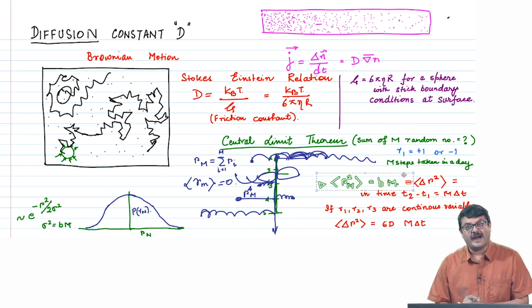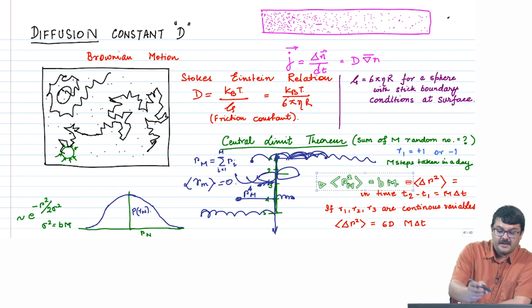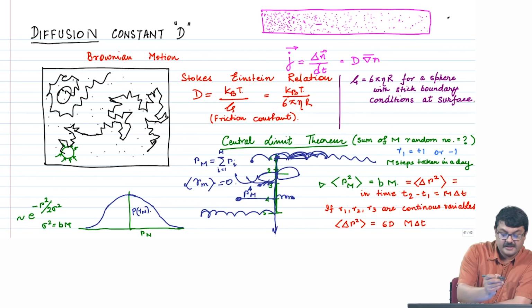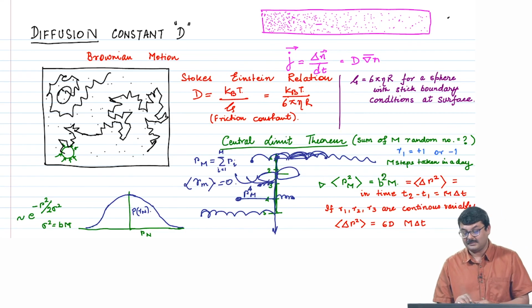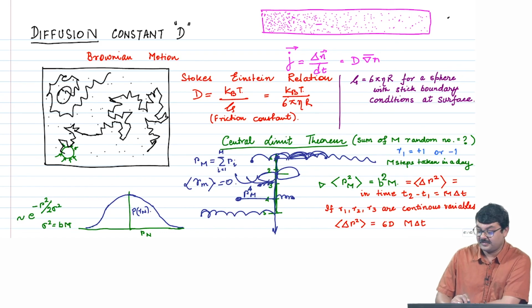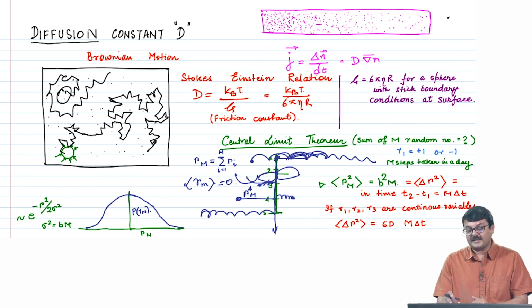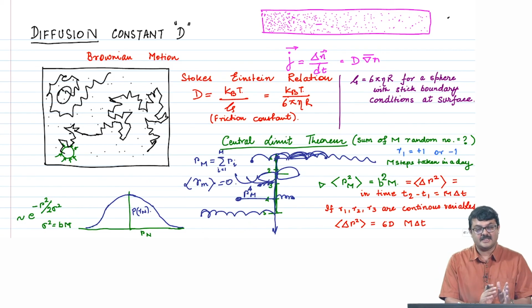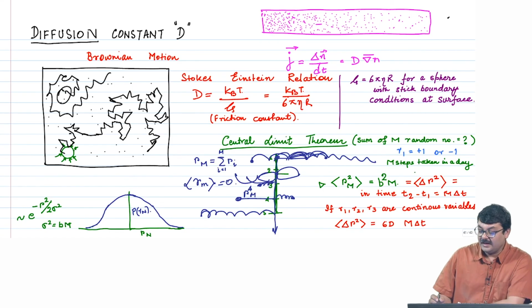But since he is doing a random walk, his net displacement r m square will be b square, to match dimensionally because this has dimensions of displacement, into m, the number of steps. So, this r m square was basically how much he has moved on each day, and you are taking an expectation value over a large number of days.